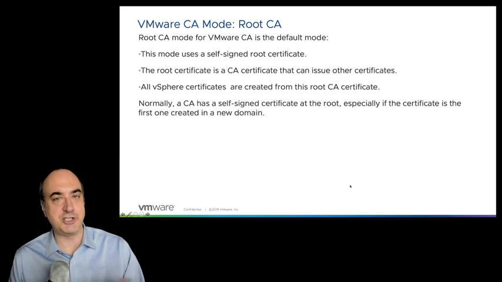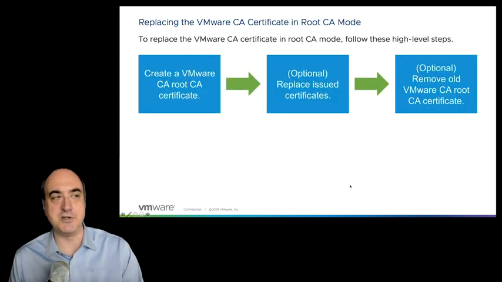If you ever needed to change this, it's actually a pretty easy thing to do. You can create the VMware CA root certificate. This is done when you install vCenter actually, and then any certificates that are issued by this always have an actual expiration date. It might be 2 years, it could be 5 years, it could be 10 years. Whenever those certificates expire, they get renewed by the VMCA.